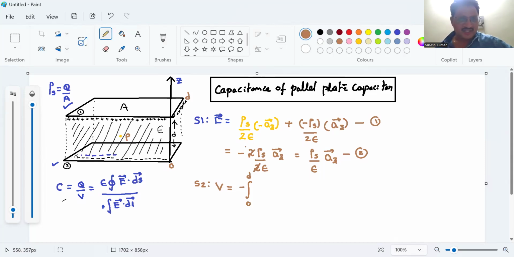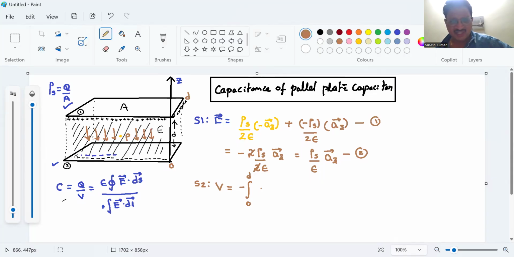Now, as per the definition of electric potential, in order to find the electric potential at P, I need to do some work on a unit positive charge against the electric flux, which is from top to bottom. That is why I need to do work against this electric field. That's why I have mentioned the limits 0 to d.